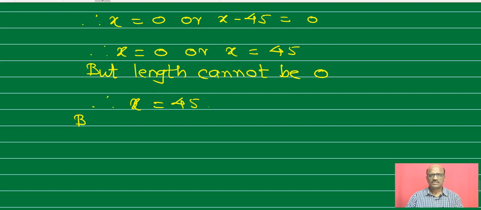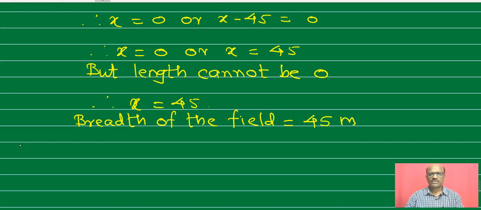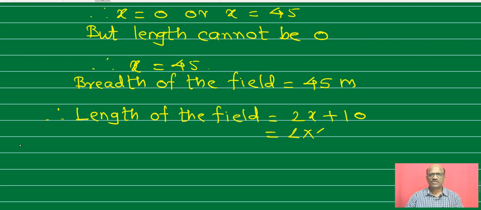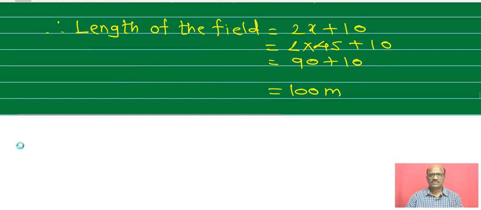That is breadth of the field is equals to 45 meter, and the length of the field is equals to 2x plus 10, that is 2 into 45 plus 10, that is 90 plus 10, that is 100 meter.